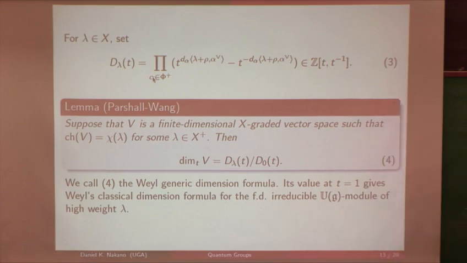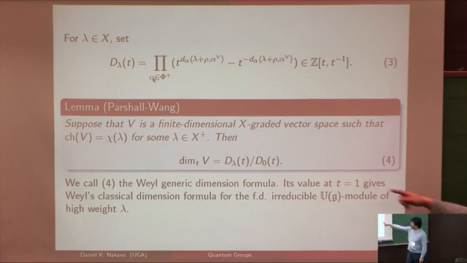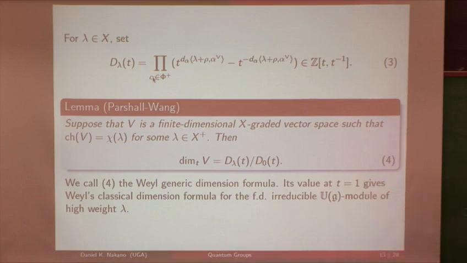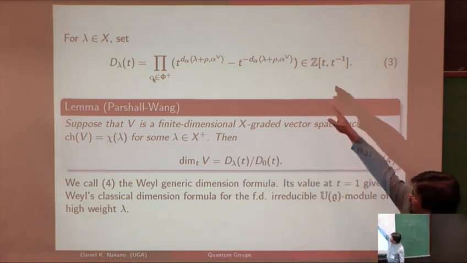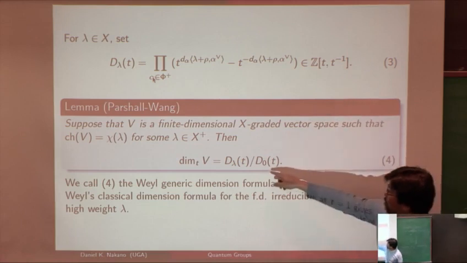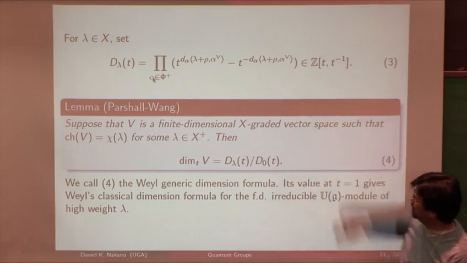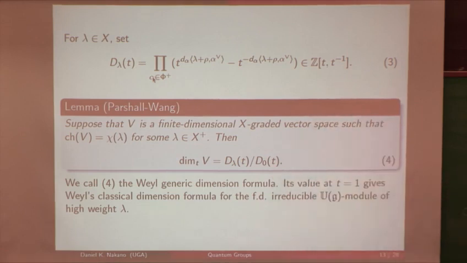So the theorem says that if your character is given by a Weyl character over here, then your graded dimension is just going to be the quotient of the numerator here with lambda, and then when you put lambda equals 0. So we call this Weyl's generic dimension formula.